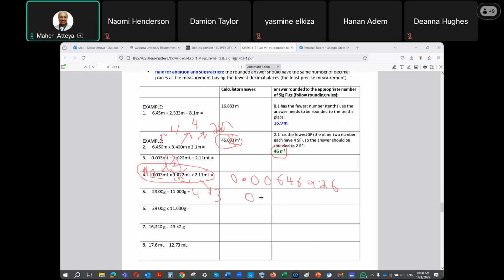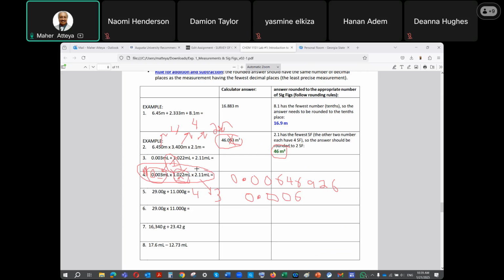So in order to have this, I will say my answer is how much? 0.006. Correct. So how do you know that you only need one significant figure? Well, we said whenever you are using multiplication or division, your answer is rounded to the least significant figures. First value has how many? 1. Second one has how many? 4.